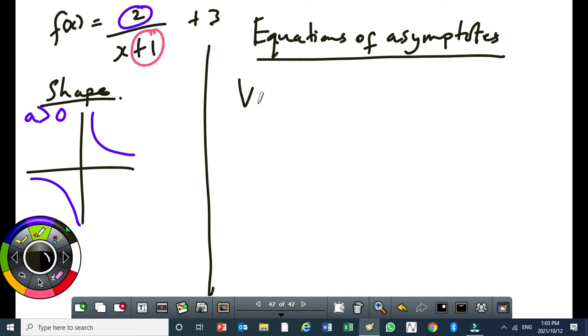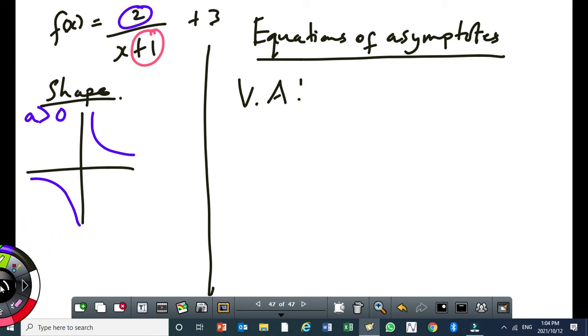Okay, let's start with the vertical asymptote. Based on how I taught you with the general equation, it's x equal to minus p. I just want to take you back: x plus 1 will be equal to x plus p. I'm getting this from the general equation, which is y equal to a over x plus p, plus q.